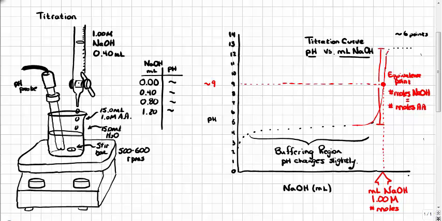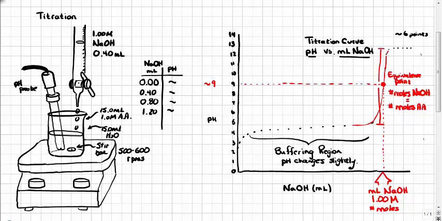Okay, as I mentioned earlier, the pH is always increasing, but in this buffering region, the pH is only increasing by small amounts. So this buffering region is something that we'll have to approximately get, and then from the buffering region, we're able to get some very useful information, namely the pKa point.